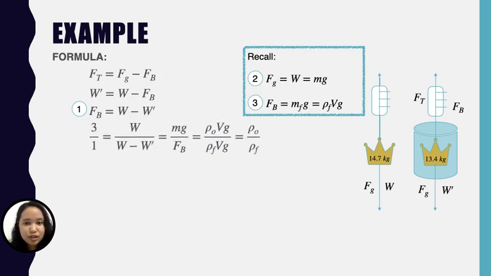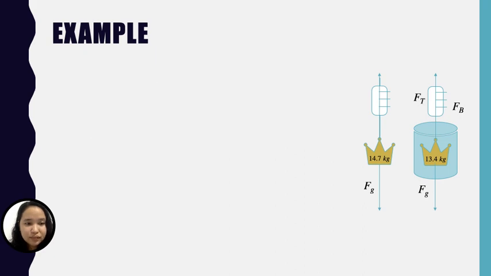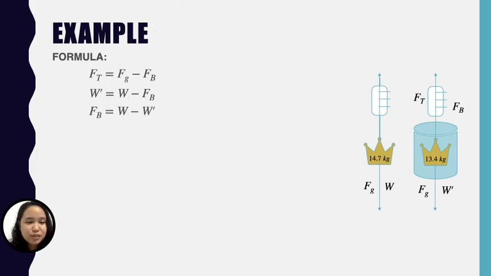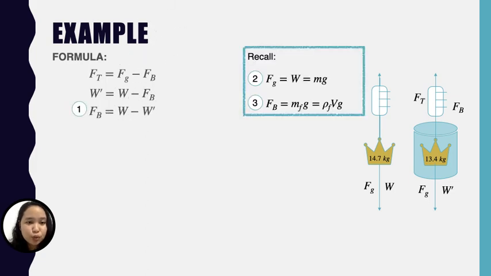So how do we get our specific gravity? We are going to take the ratio of equation 2 and equation 1.